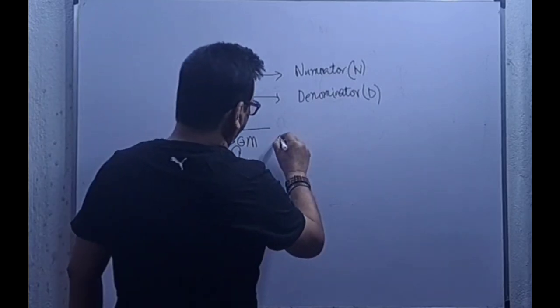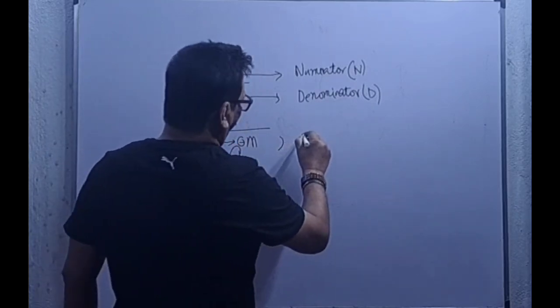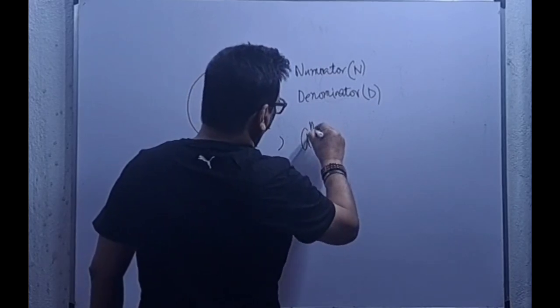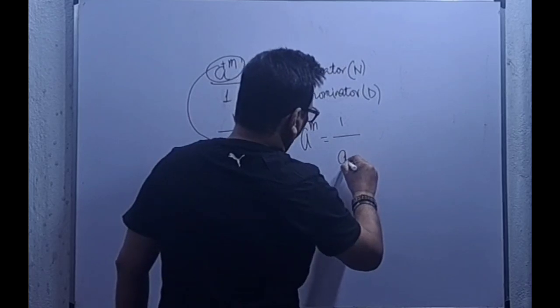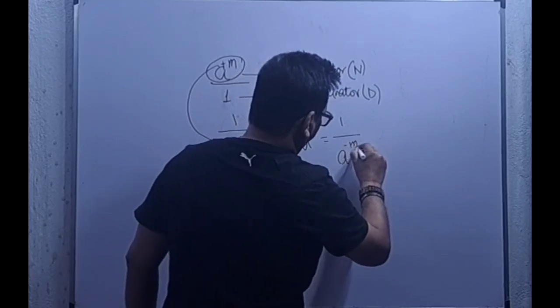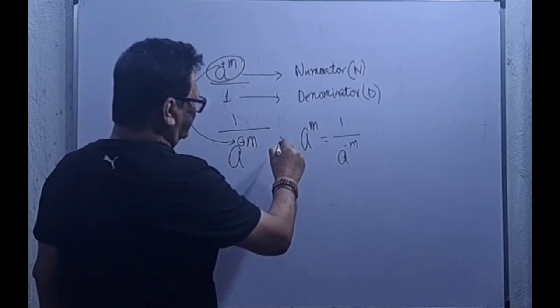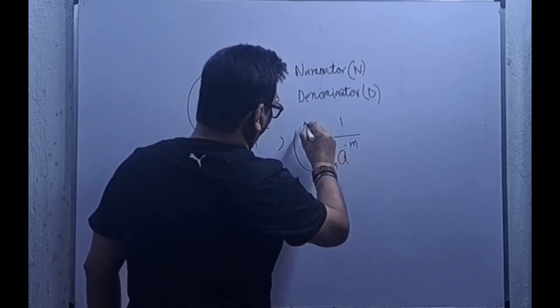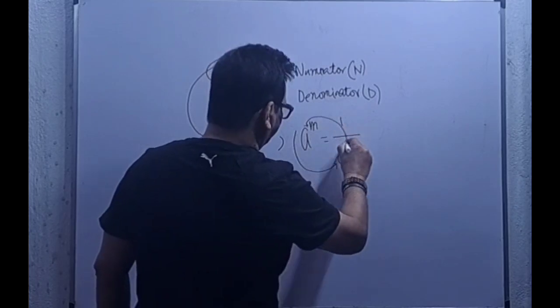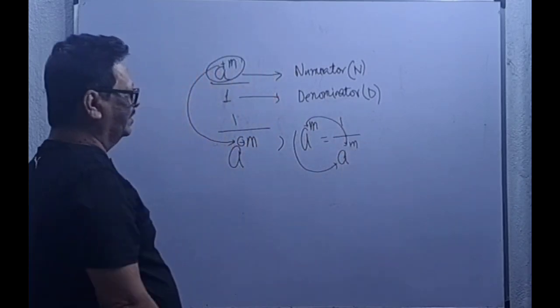So this means, in a nutshell, a to the power of m is equal to 1 by a to the power of minus m. Have you understood? It has gone from the numerator to the denominator, and the positive sign has changed to negative sign, right?